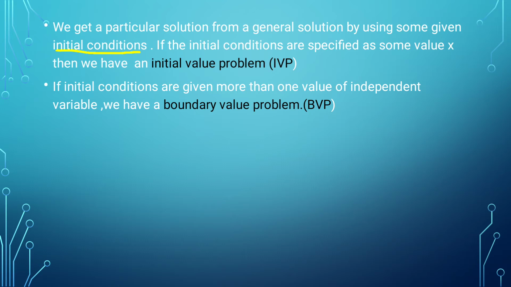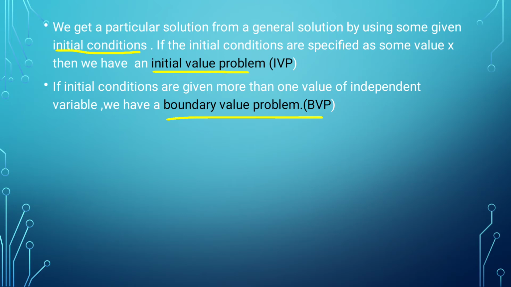These initial conditions, which have been specified at some given value of x, are what we call initial values, and they give us what we call an initial value problem, IVP. That is only for a particular value of x. But if you have more than one value of the independent variable as conditions, we come up with what we call a boundary value problem.